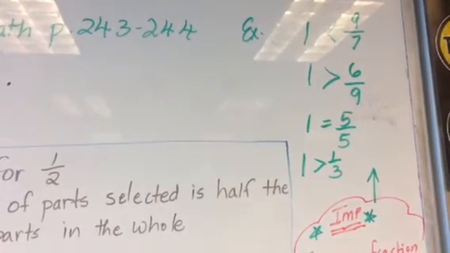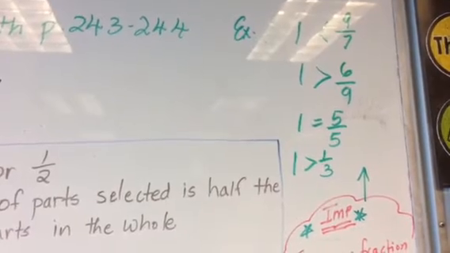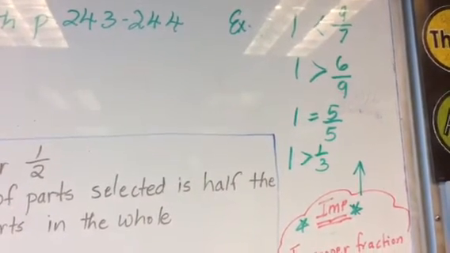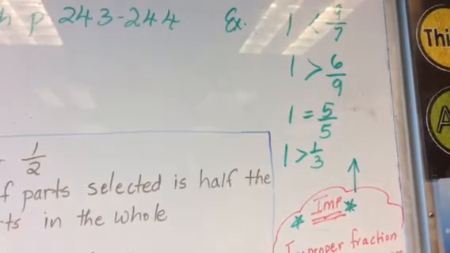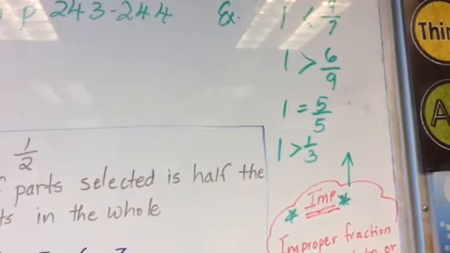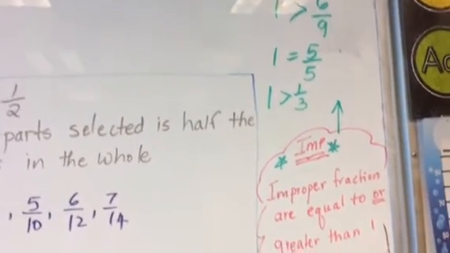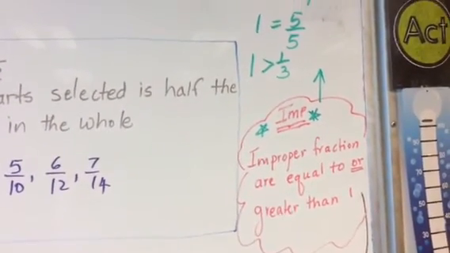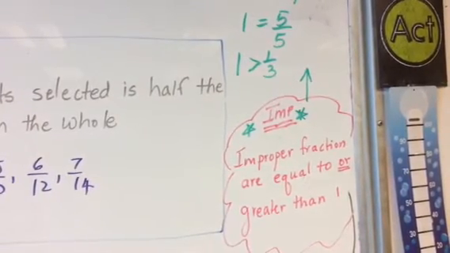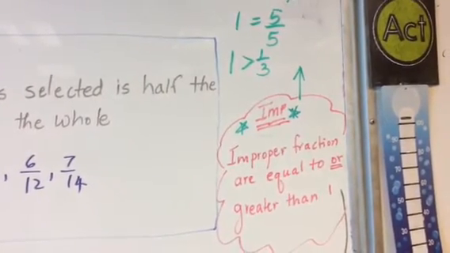What did I say? 9/7 is greater than 1. 1 is greater than 6/9. Look at another example. 1 equals 5/5, or 1 is greater than 1/3. So improper fractions are equal to 1 or greater than 1.